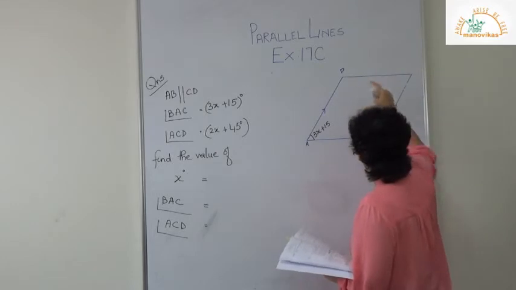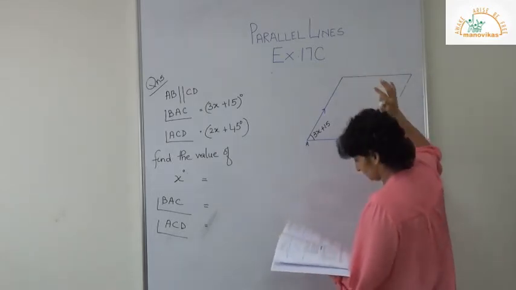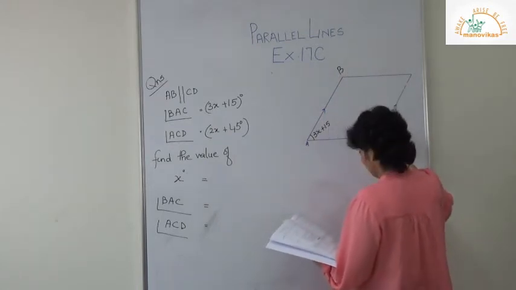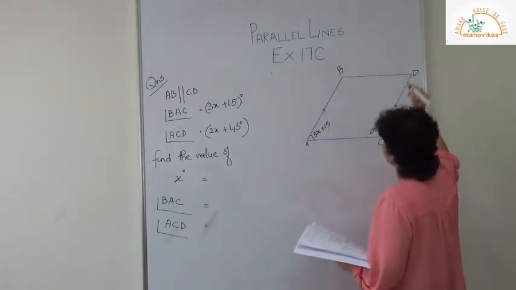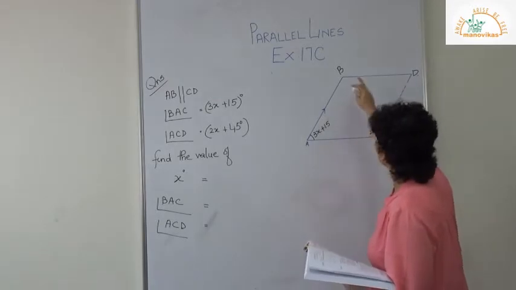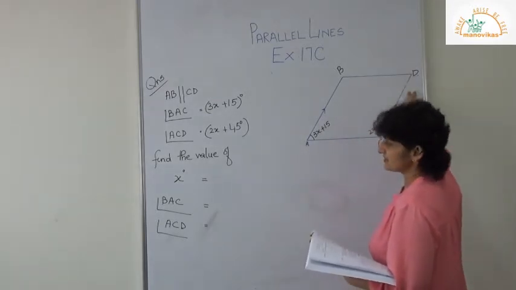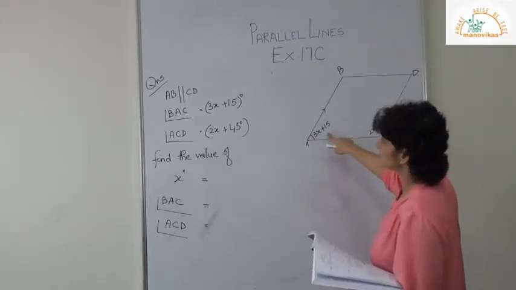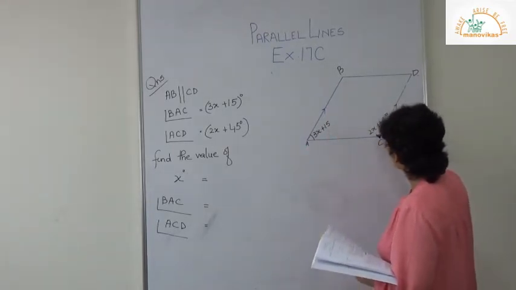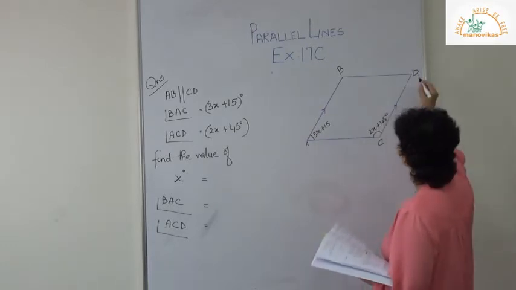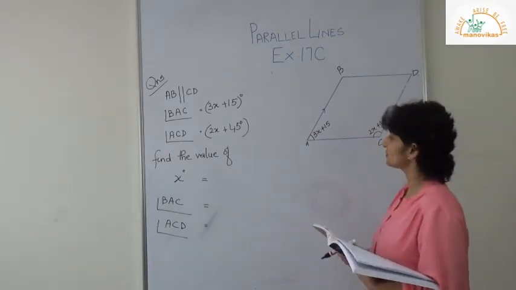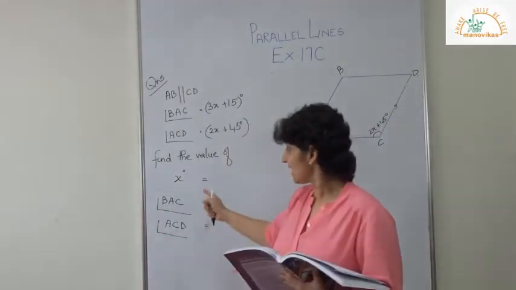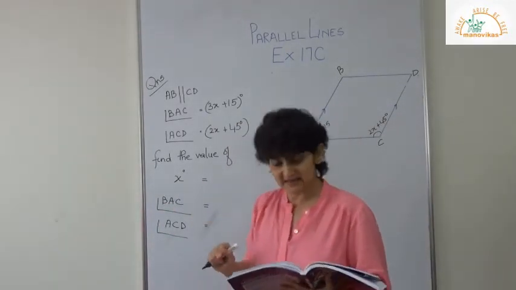So it is A, B, and this is your C, and this is your D. Alright, so AB is parallel to CD and angle BAC is 3x plus 15. Angle C, that is angle ACD, is equal to 2x plus 45. You need to find the value of x and angle A and angle C.